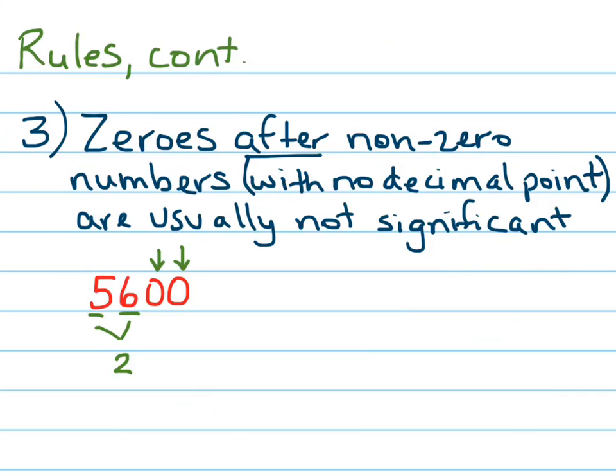However, if I went into that library and I counted every single one of those books, and it turned out that yes, indeed, there are 5,600 books exactly, I would put a decimal point at the end to show that I have measured all the way out to the exact number of 5,600. In this case, adding that decimal point in there, that's my way of saying that's how far I measured, and so now those zeros are considered significant.